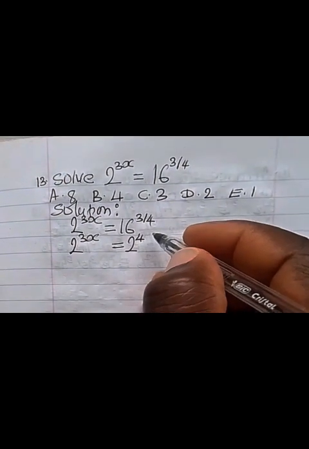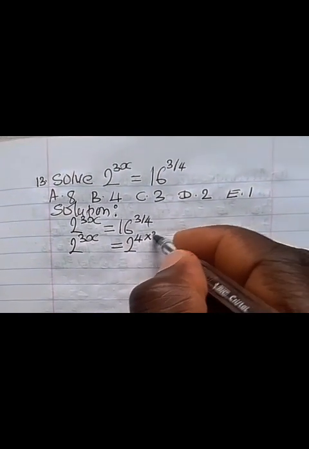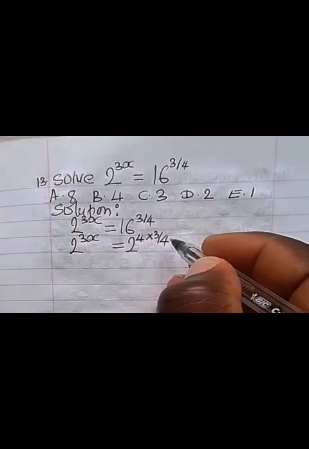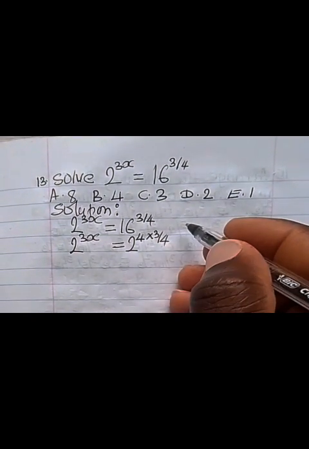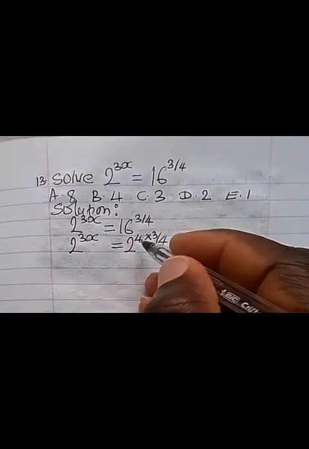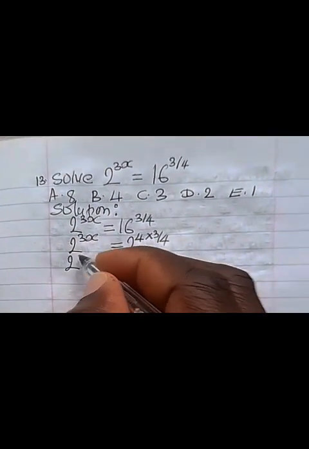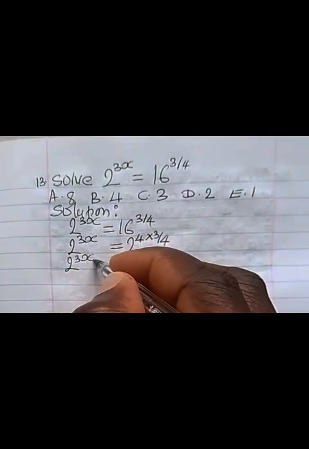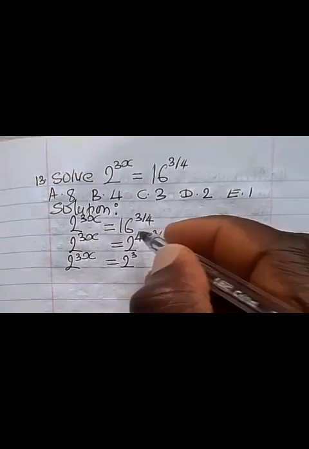So we have 2 power 3s equal to 2 power 4, and that is for 16 times the given power 3 over 4. 4 times 3 is 12, divided by 4 is 3. In other words, 4 cancels 4. We have 2 power 3s equal to 2 power 3.